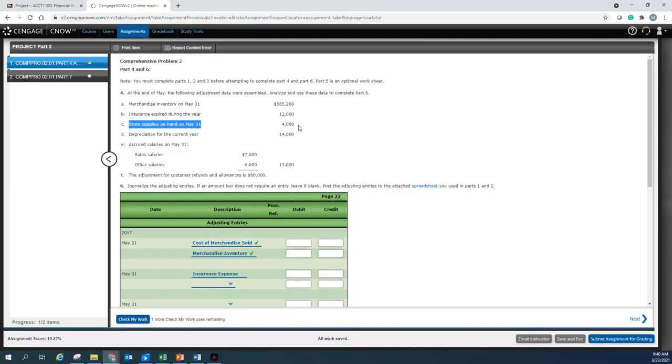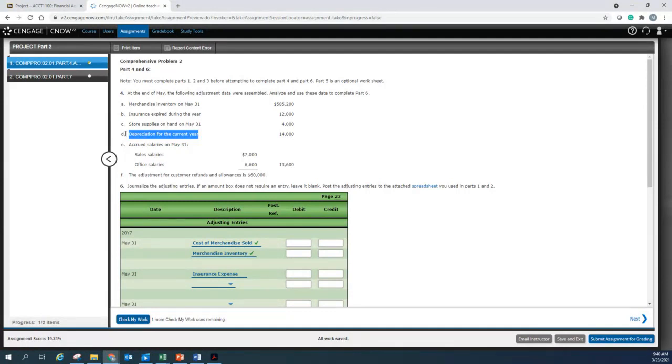So you take what was before and what is now, you subtract one from the other to get how much was used, and it becomes supplies expense. Okay, that's C. Then depreciation. It tells you how much is depreciation for the year. So you don't have to do any calculation. You just have to book this depreciation expense.